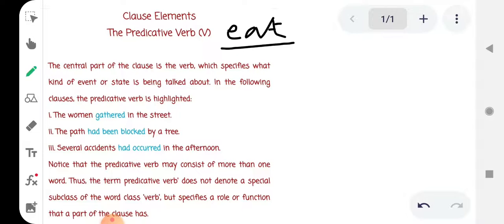Now this can be changed in different ways depending on the tense, the person, the passive voice, or the progressive or perfective aspect. Okay, we'll do one by one. I eat a mango.